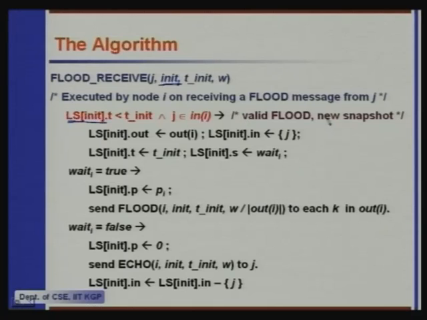So, what do we do in this case? In this case, we set ls init dot out to be equal to out I. So, this is the capturing of the state, we captured the local state.